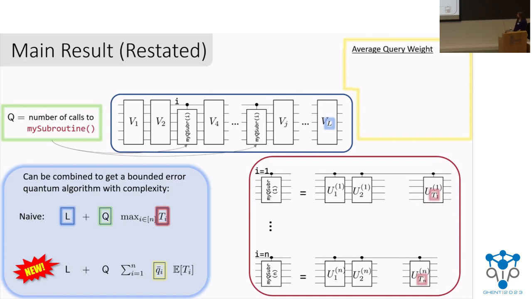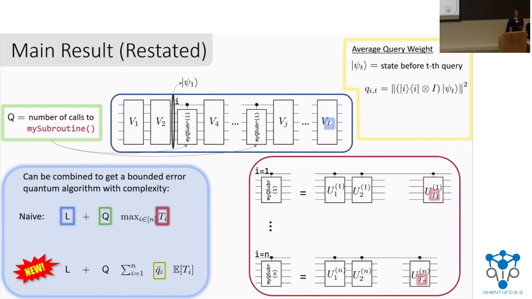If we let psi_t be the state before the t-th query, so right before we apply the first query, we could call that psi_1, then Q_i^t is the query weight on input i at the t-th query. This is the probability that if you were to measure the state just before the t-th query, you would get an i in the input register.